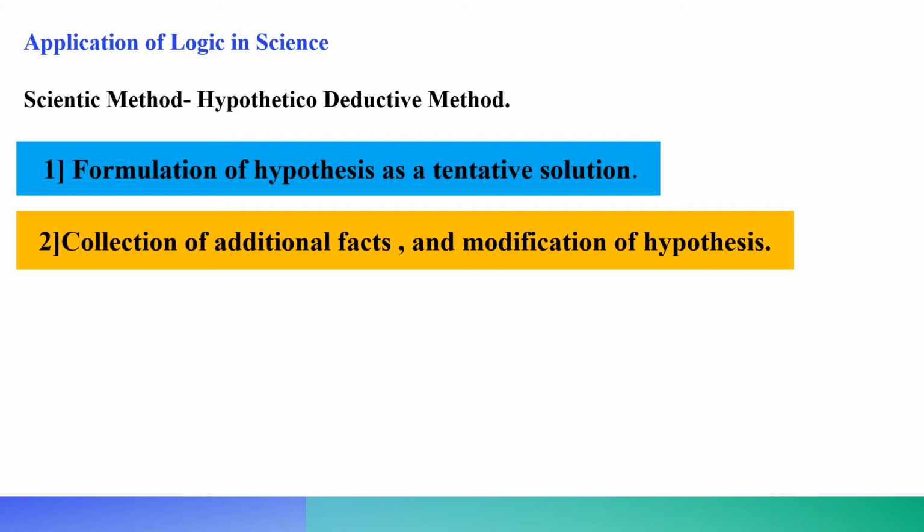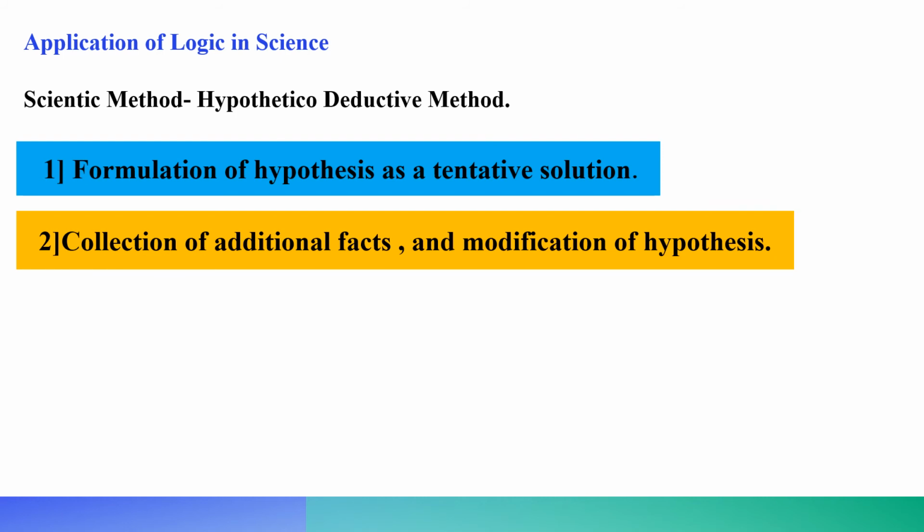The additional facts that are collected may support his hypothesis. If it supports, then the hypothesis will be accepted as a solution. And if it does not support the hypothesis, then the hypothesis is either modified, that is, the changes are made in it, or a new hypothesis will take its place.